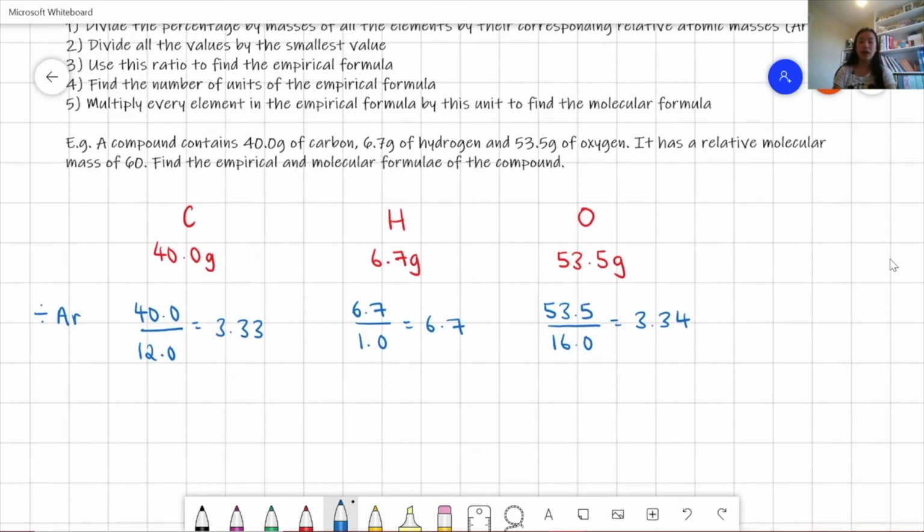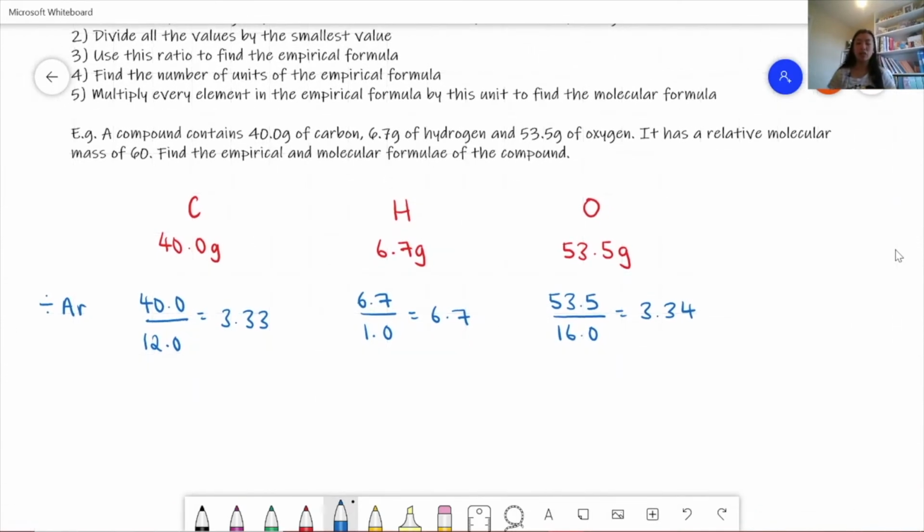The next step is to divide by the smallest. The smallest we have is 3.33, so we divide everything by 3.33. So we have 3.33 divided by 3.33, and that equals 1.